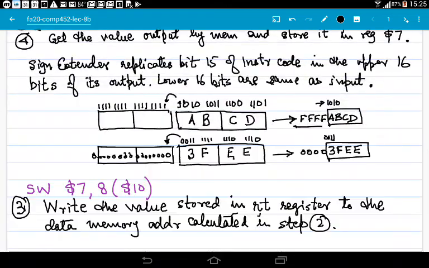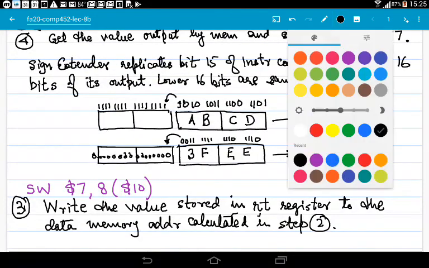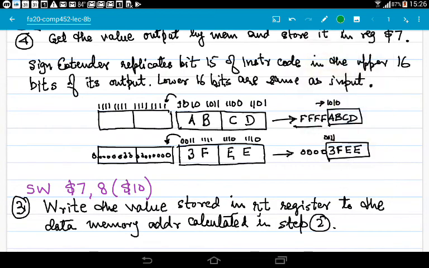So let's write it here. Value of register 7 goes to the address obtained by adding 8 to the value stored in register 10.